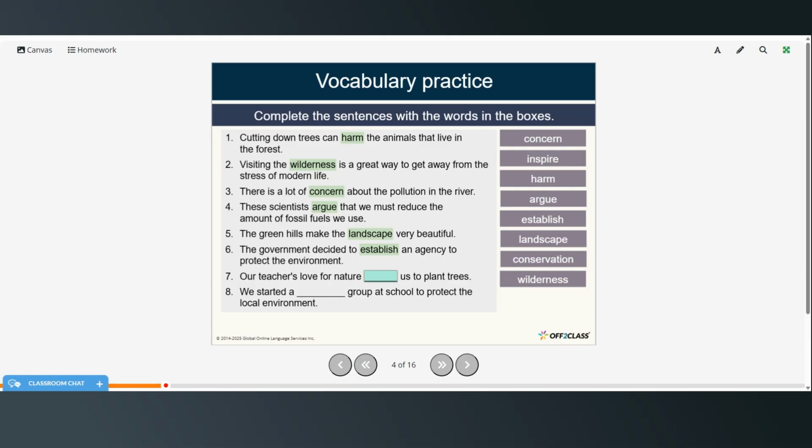Our teachers' love for nature inspired us to plant trees, and we started a conservation group at school to protect the local environment.